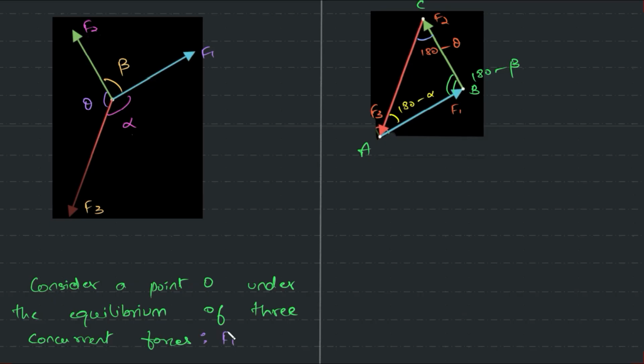What are they? For us, it is F1, F2, and F3. Then we'll talk about the angles also.